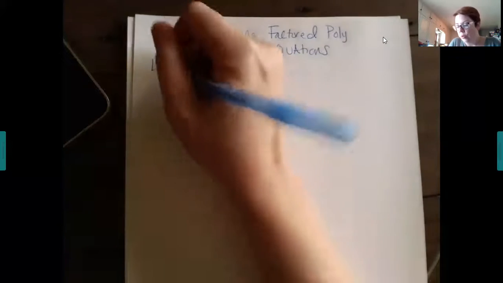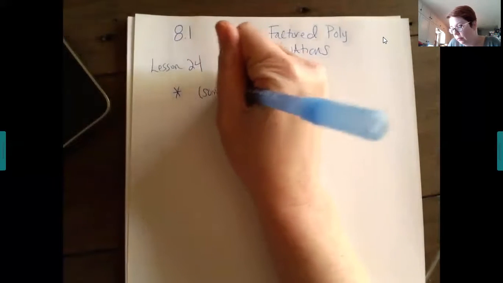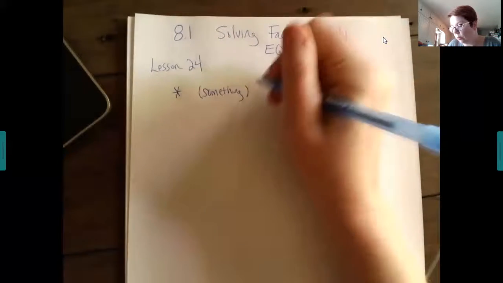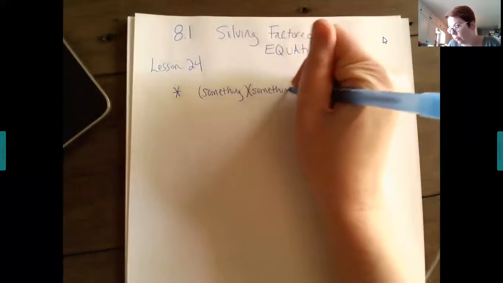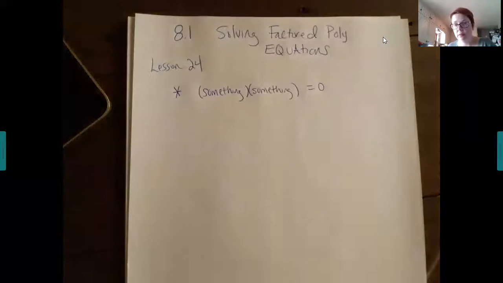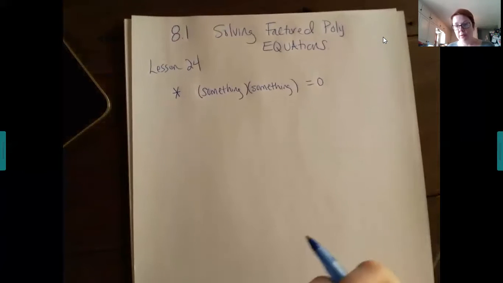And what you want is to have it in a form of something times something, whatever those somethings may be, equals 0. Okay? So it goes back to the property of 0.